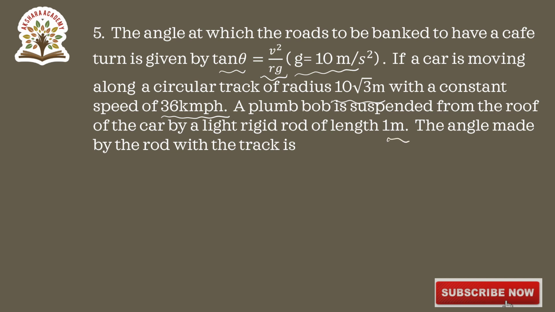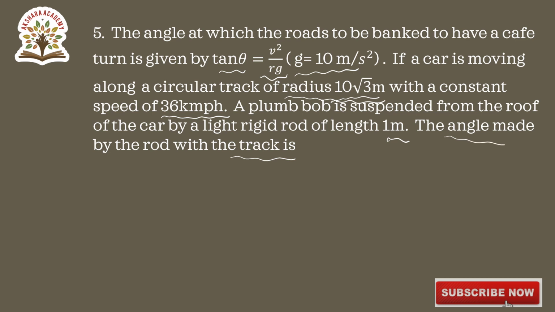The angle made by the rod with the track is, here they given a car is moving along a circular track of radius R is equal to 10 root 3 meters with a constant speed of 36 km per hour. Here you have to find out the angle made by the rod with the track.